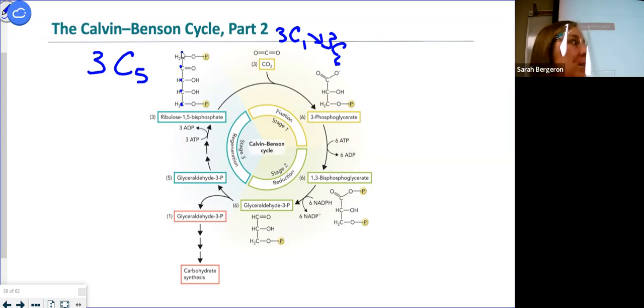How many carbons are in those chains at the end of the Calvin cycle? 3 carbon, right? So we're going to take these 6-carbon molecules and break them. So we're going to end up with 3-carbon molecules, but how many are we going to end up with? 6 of them, right?